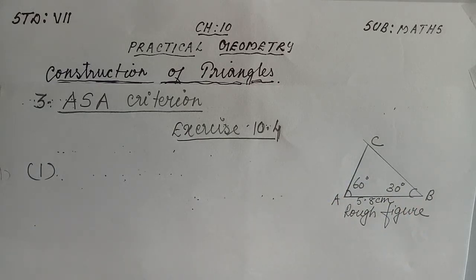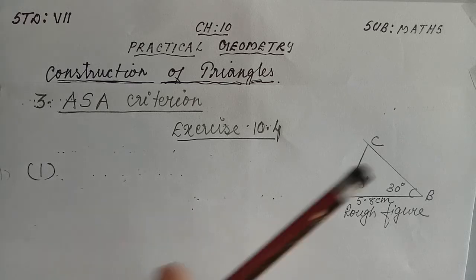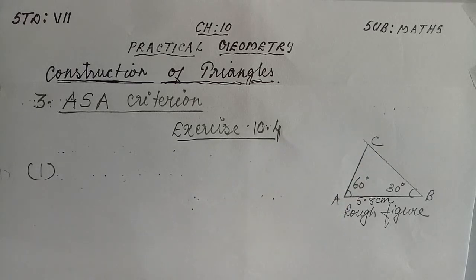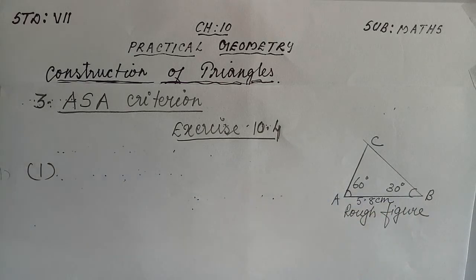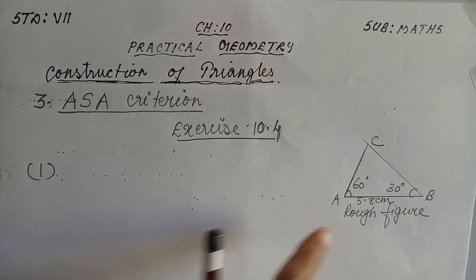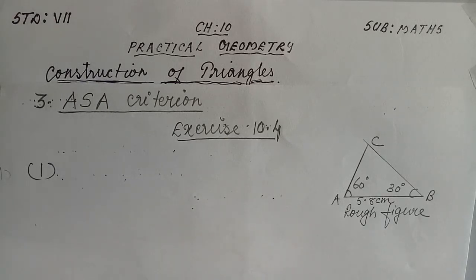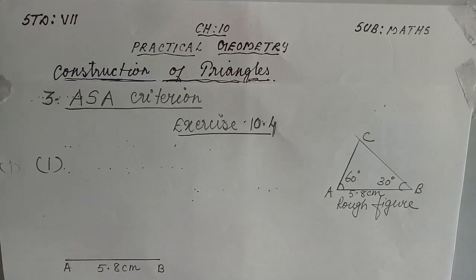These two lines will intersect in one point that you mark it as C. You already learned how to construct angle of 60 degree and how to construct angle of 30 degree using compasses. So first we can draw AB of 5.8 centimeter. So AB of length 5.8 centimeter is drawn.